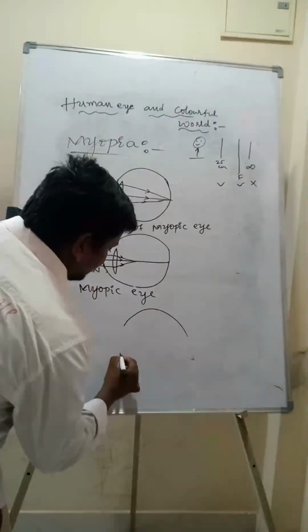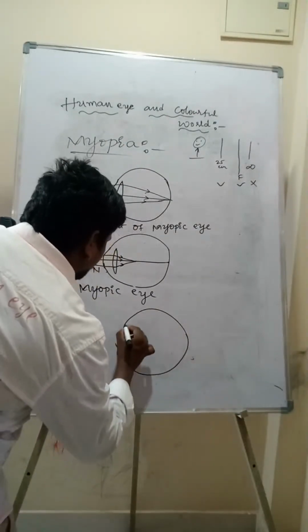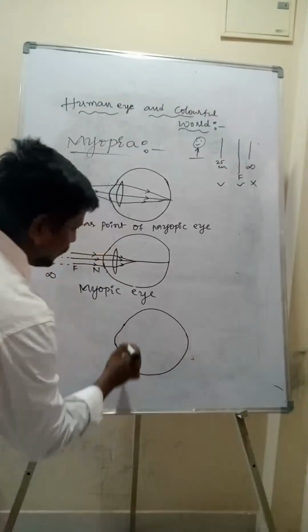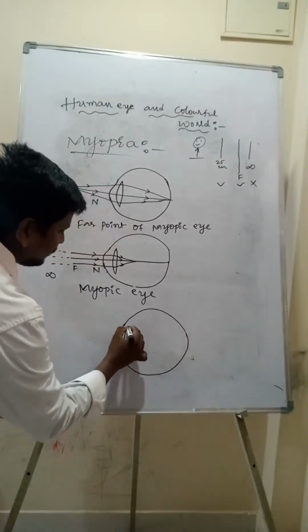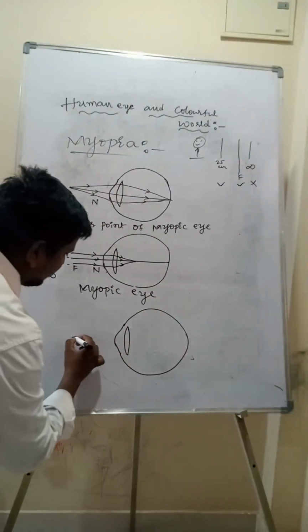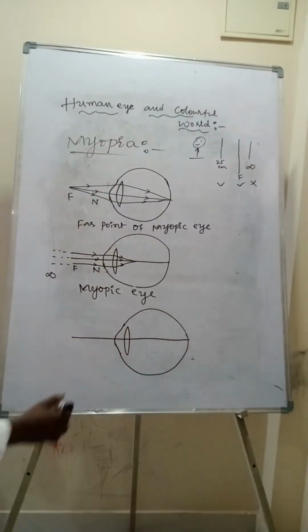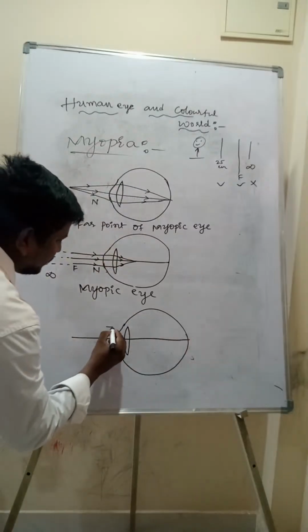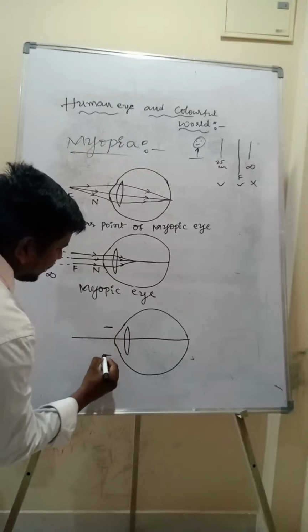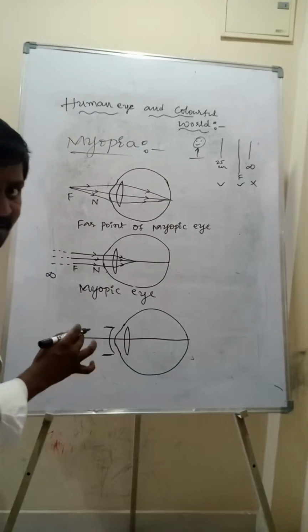Now let us see the correction. I am considering the eye lens. Which lens are we using for correction of this defect? We are using a concave lens.